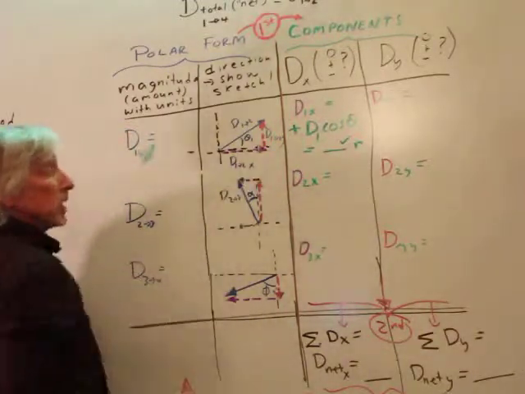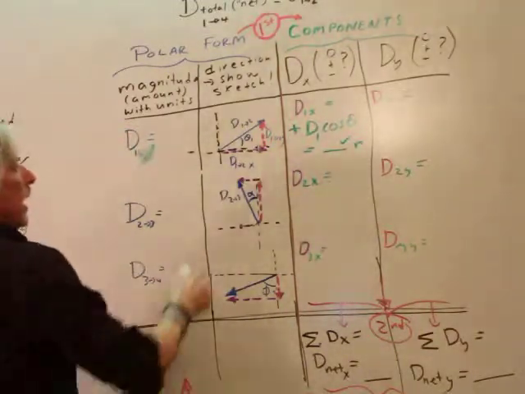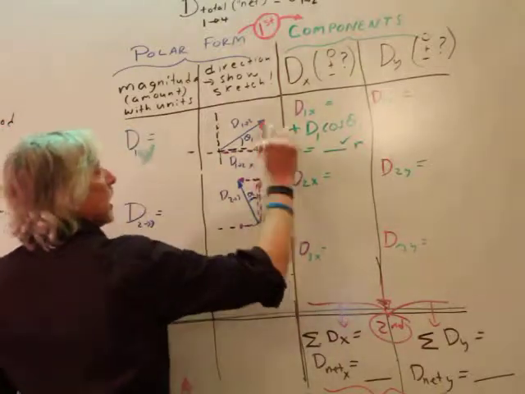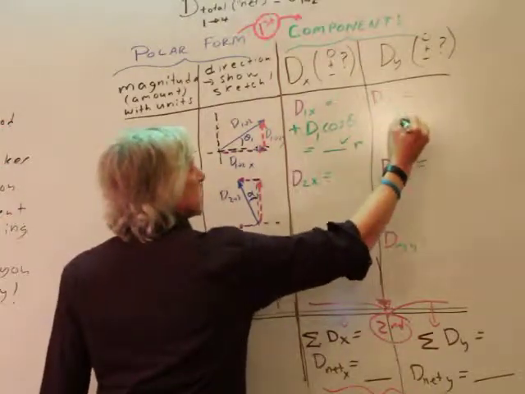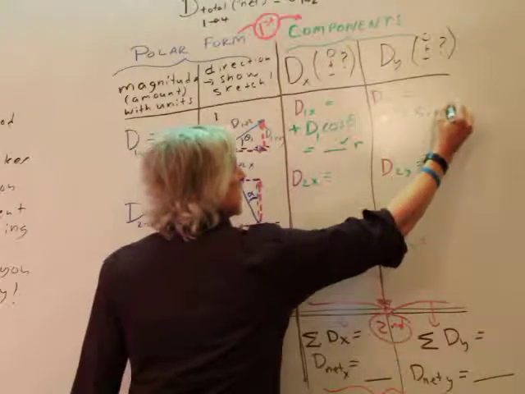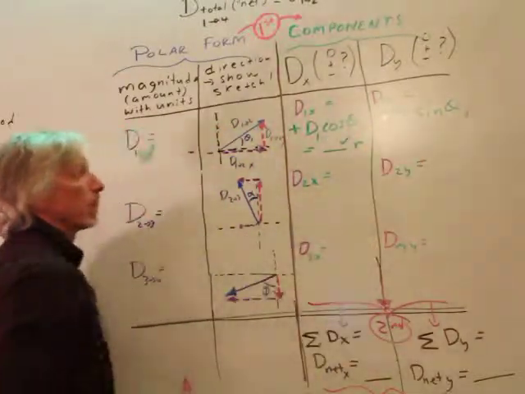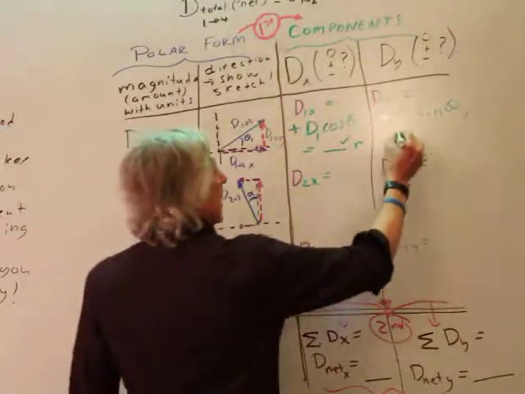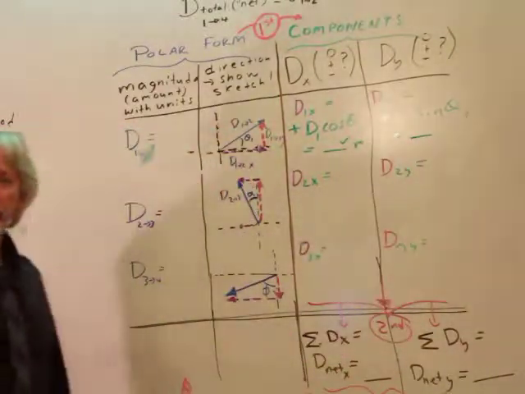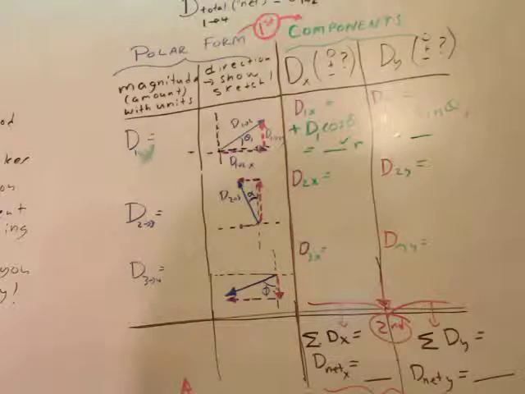If you don't, leave it and you'll solve for it. How about in the y direction? Positive or negative? That's also in the positive direction, d1 sine theta 1. If I use cosine of the angle here, I'll use sine there. Equals, if you have a number, fine. If you don't, just keep going.